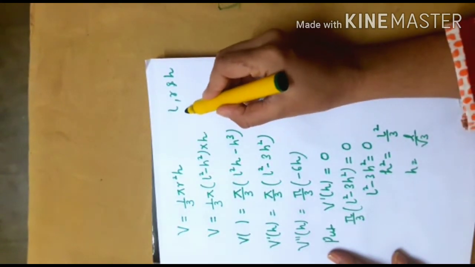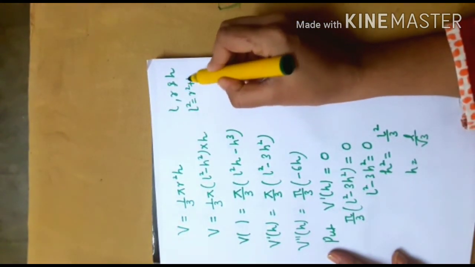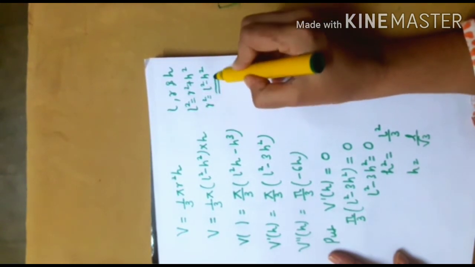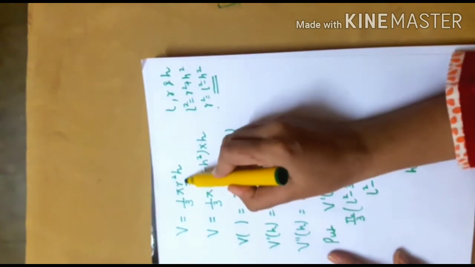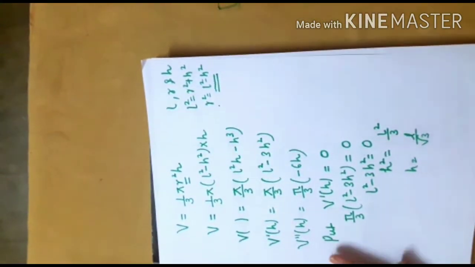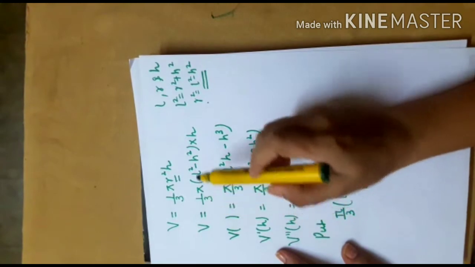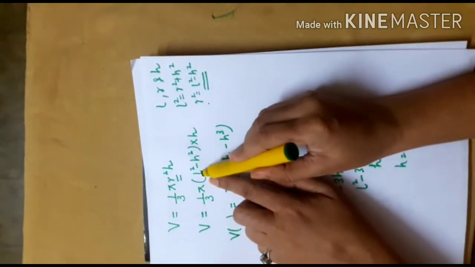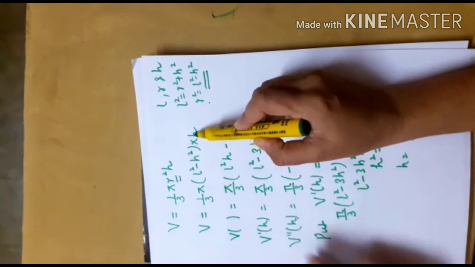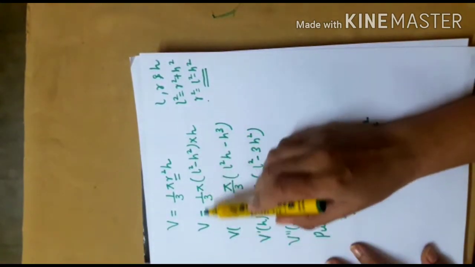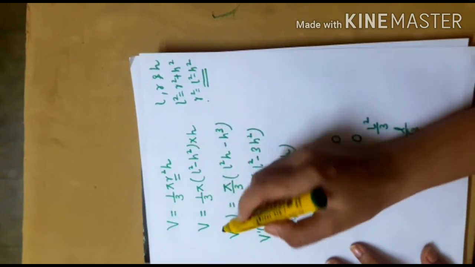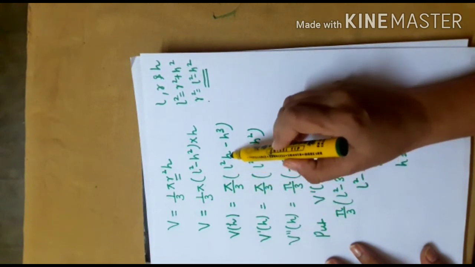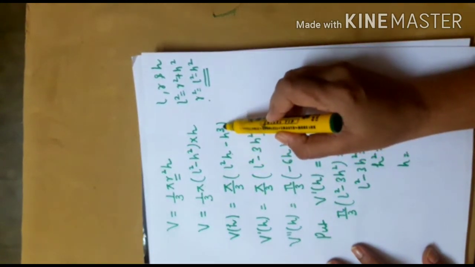We know that L square is equal to r square plus h square, so r square will be L square minus h square. Replacing r square, the volume will be 1 by 3 pi into (L square minus h square) into h. Now volume is an expression of h only, so I'll write V(h). V(h) will be pi by 3 (L square h minus h cube).